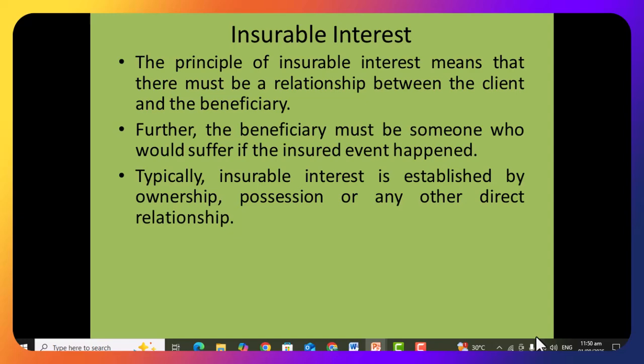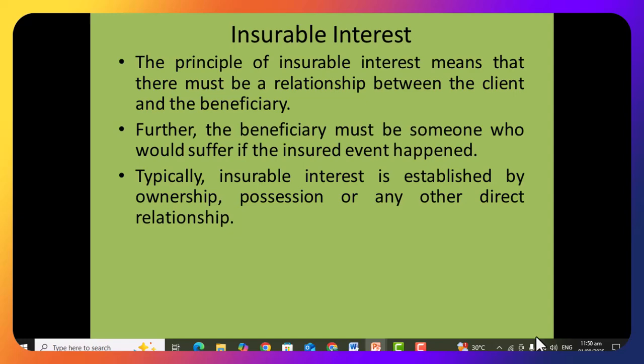Similarly, when banks take a mortgage on property or a pledge, they also compel the client to take insurance and to mark the bank as a beneficiary. Normally, a bank mortgage clause is attached to such insurance contracts.